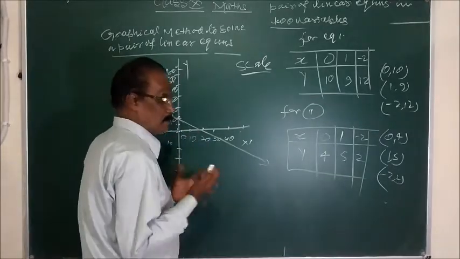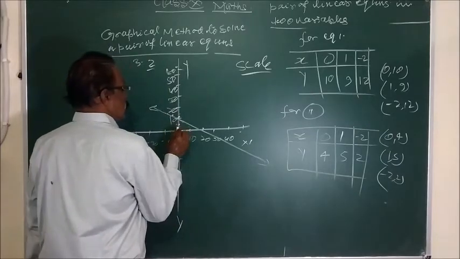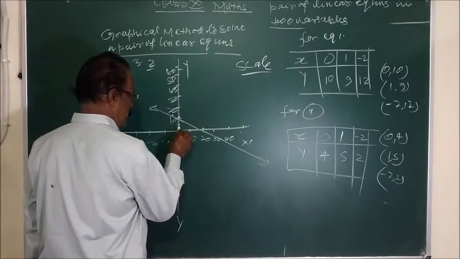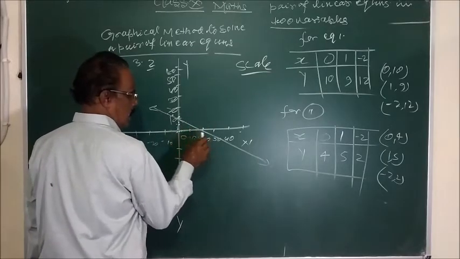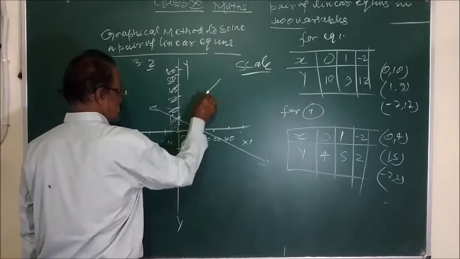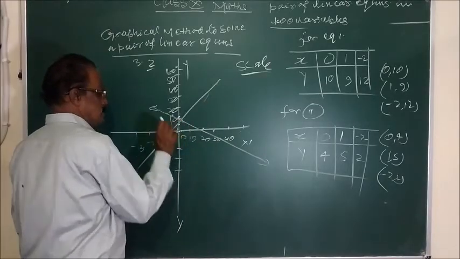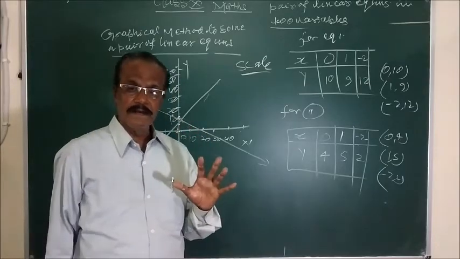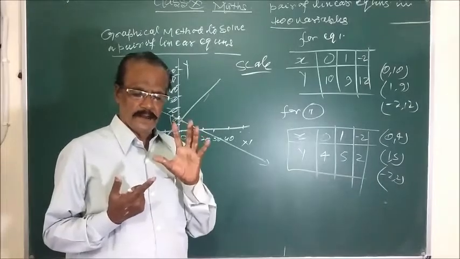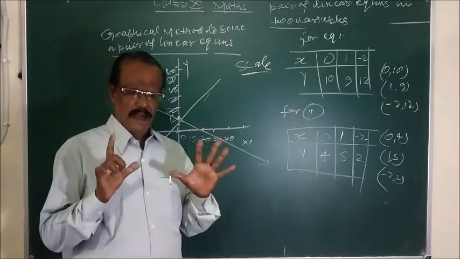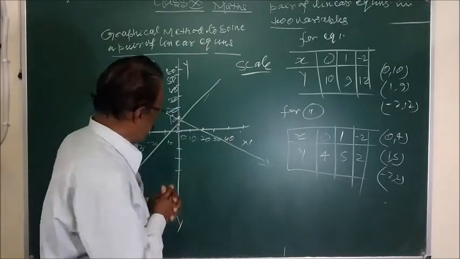You can take 10 or you can take 5. So (0, 4), (1, 5), and (-2, 2), like this. This is not the actual answer, this is only a method, a way to draw the graph.